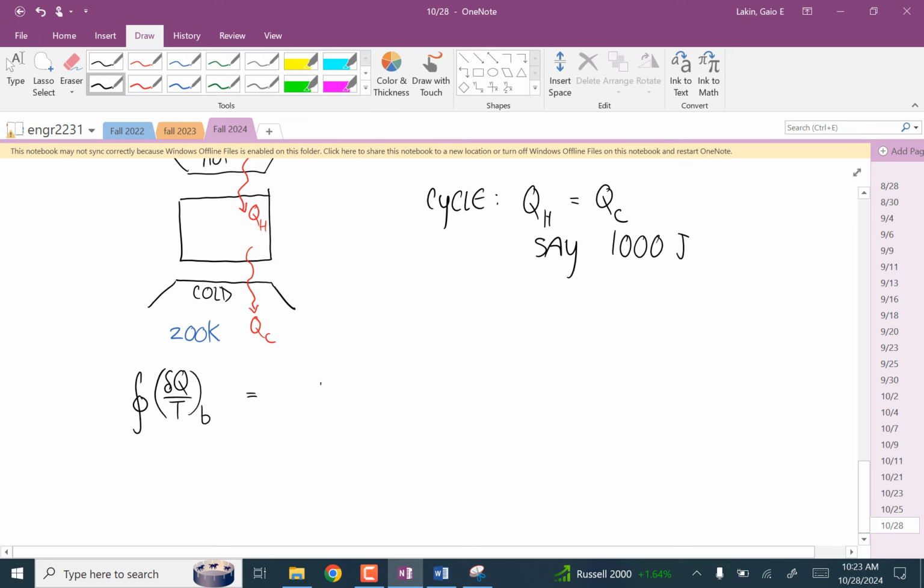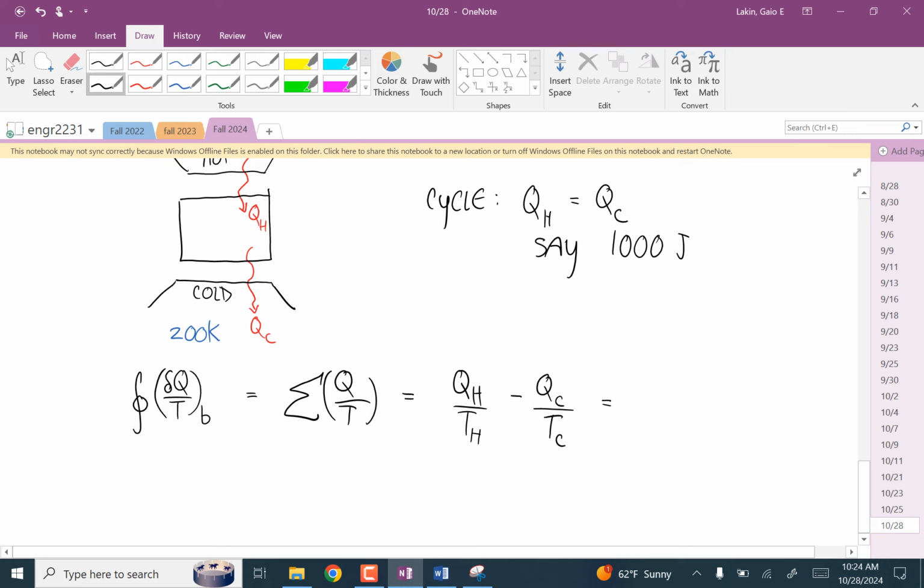Then this integral is the sum of QH divided by the temperature at H. Let me rewrite this too. So this is QH over temperature at H minus QC over the temperature at C.